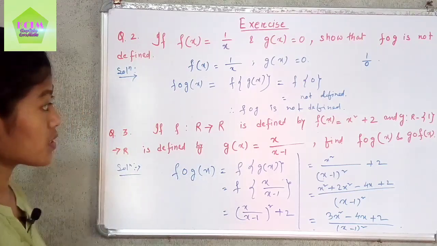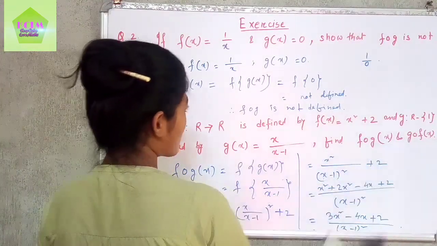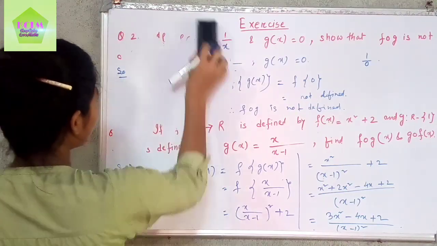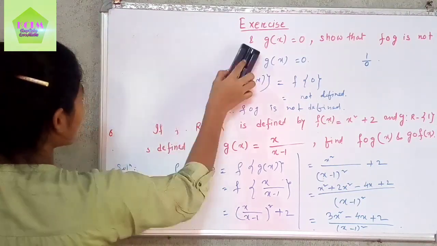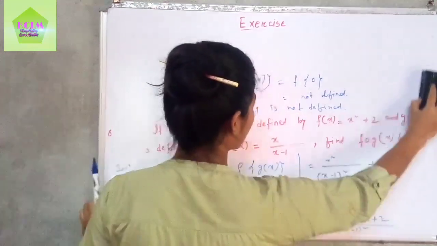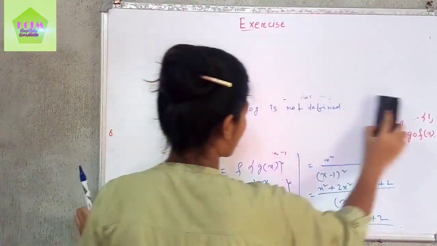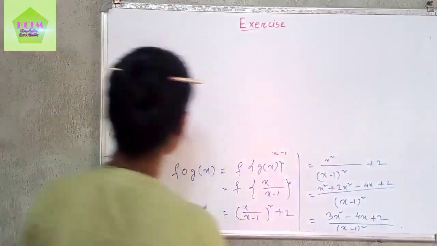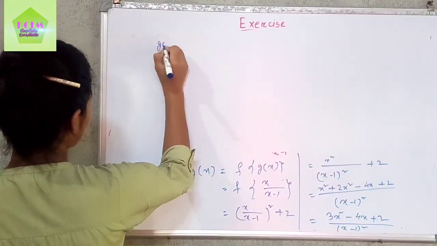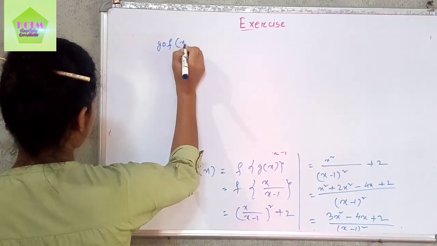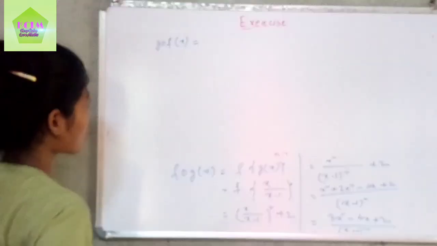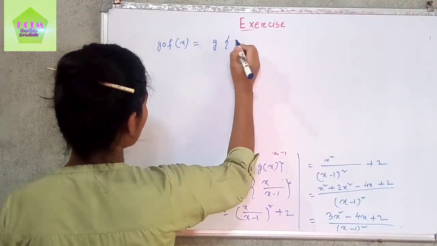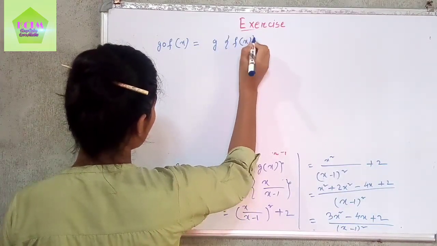So, the next part, g naught f of x. By definition of composite function, this will be equal to g of f of x.